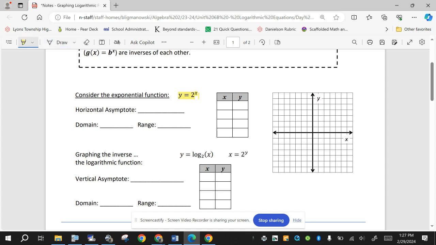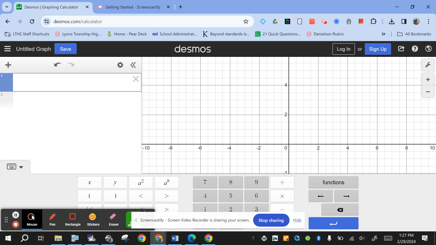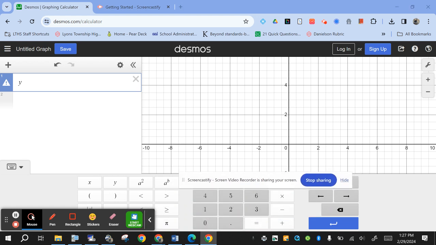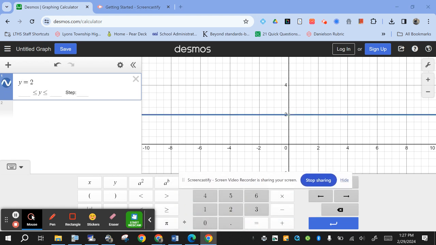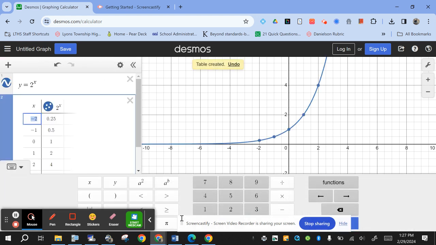So let's type this equation into Desmos and get a table of values for this function. And then we're going to go to our settings key, make a table.